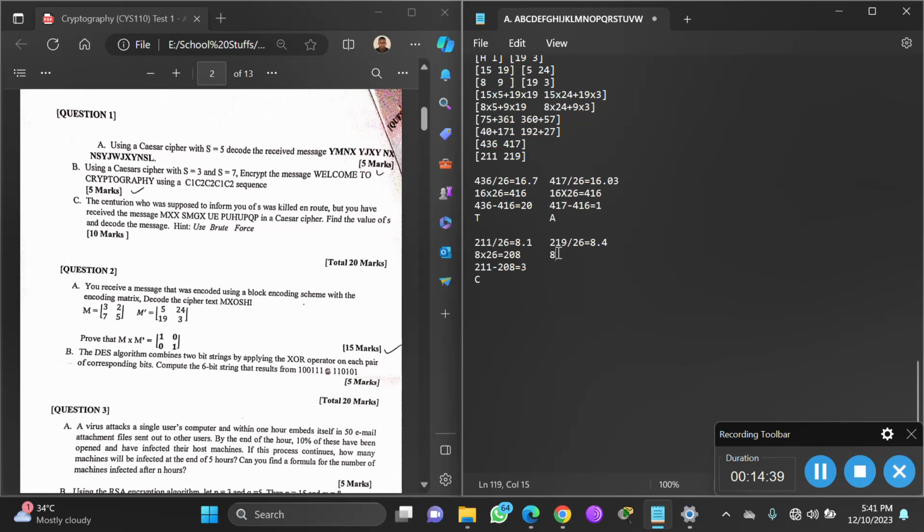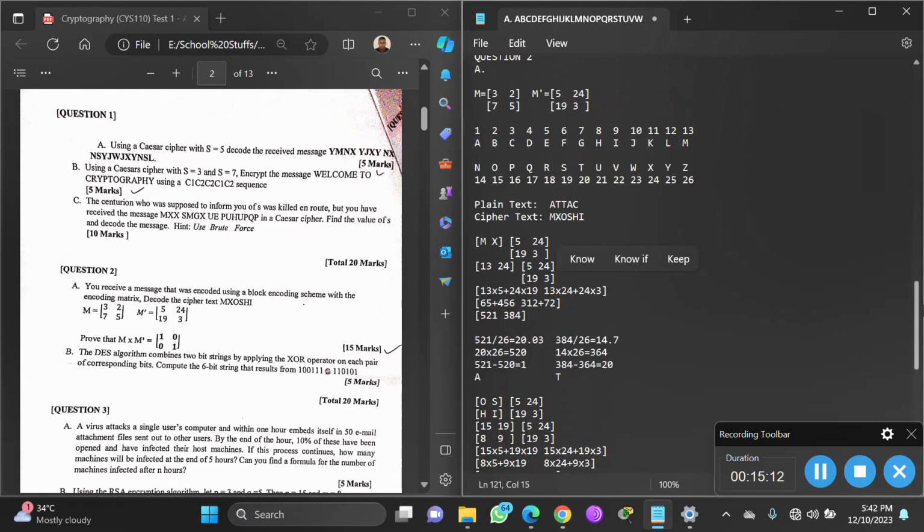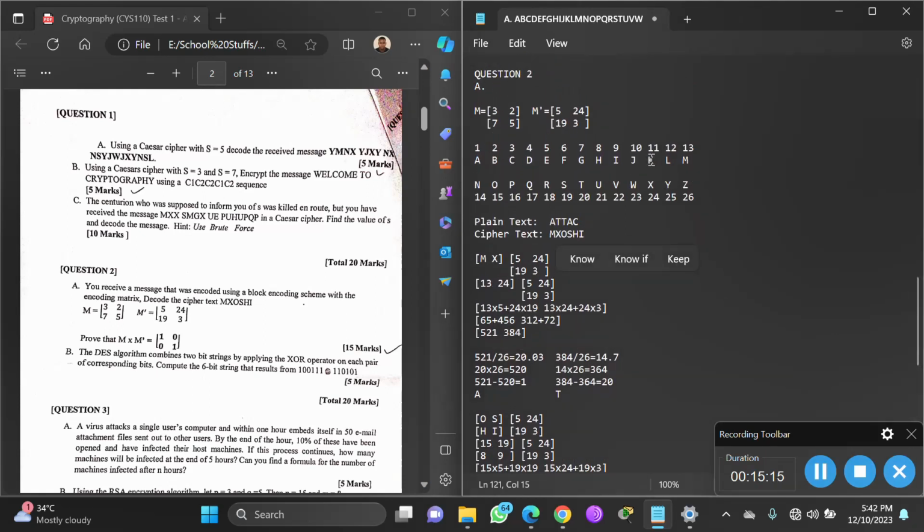Then say 8 by 26 for the alphabet to get 208. Then we'll say the whole number, which is 219 minus the new answer 208, for us to get 11. So on the alphabet, 11 is K. So we need to put K on our plain text. So on our plain text, I'll put K.